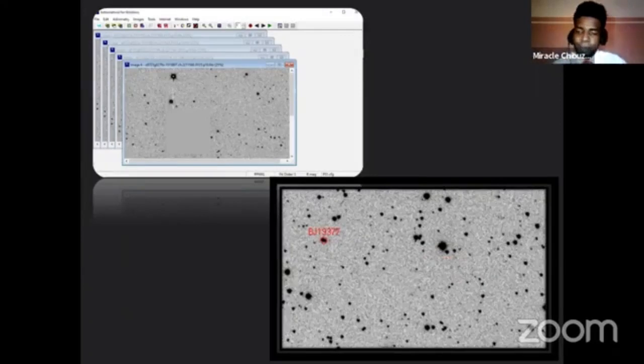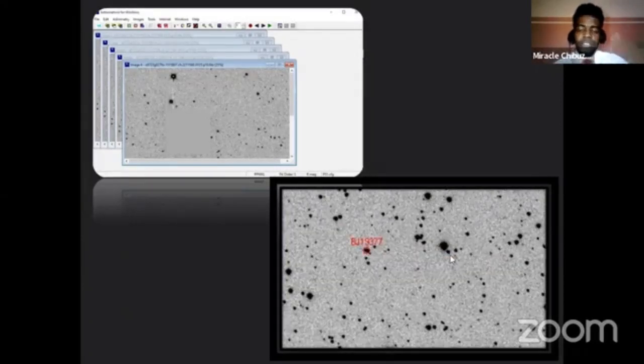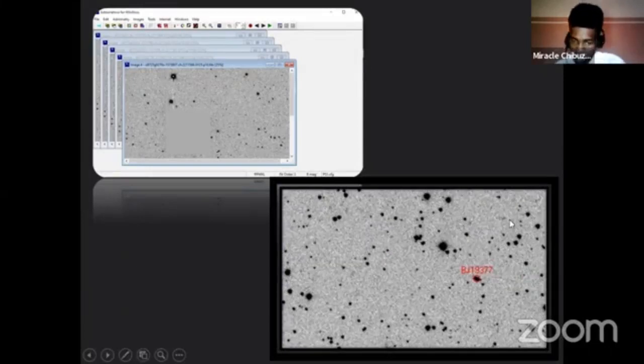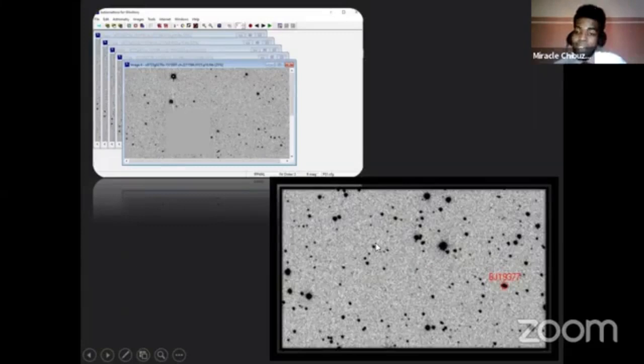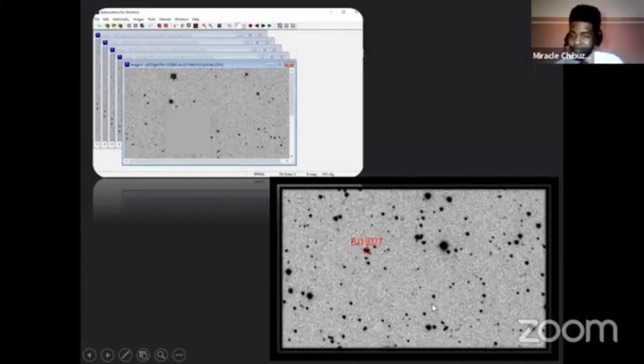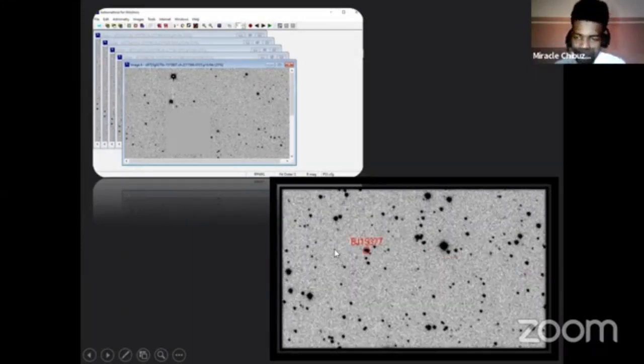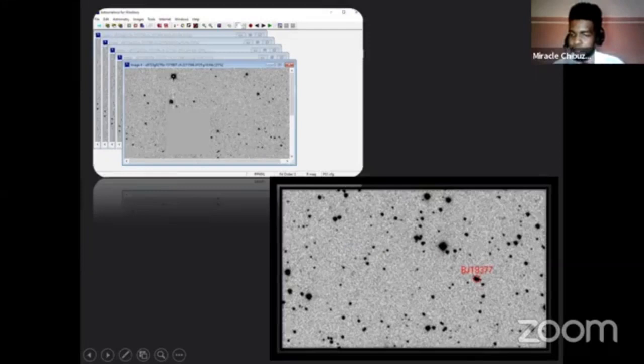Then you combine them, using software like Astrometrica to run it, and you have this kind of situation. You can see clearly how the asteroids move against the background stars. These darker spots are the background stars, and the moving object here is the asteroid. So that is how we discover these asteroids.